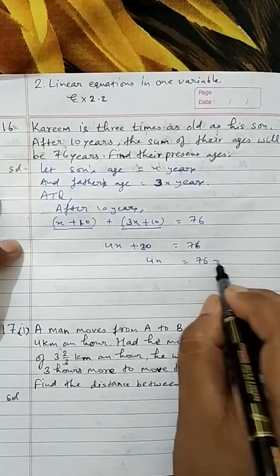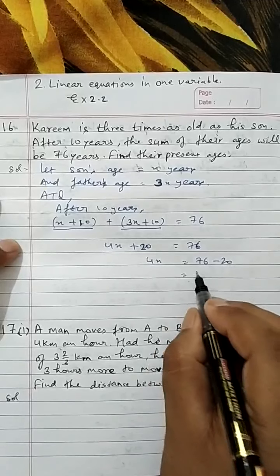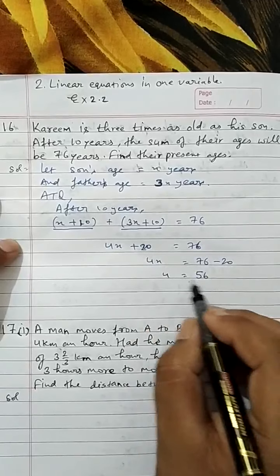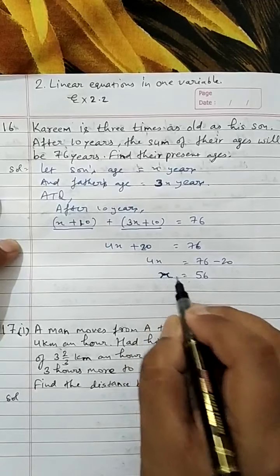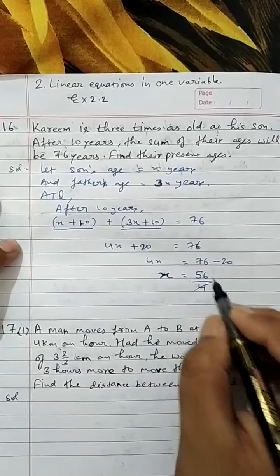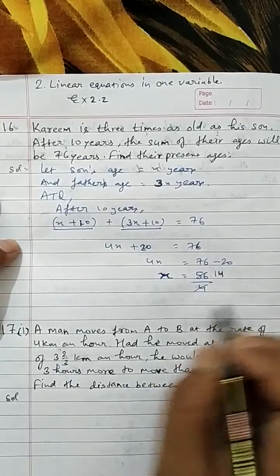This plus 20 will become minus 20 here, and it is 56. This 4 will come down. 14 4s are 56.